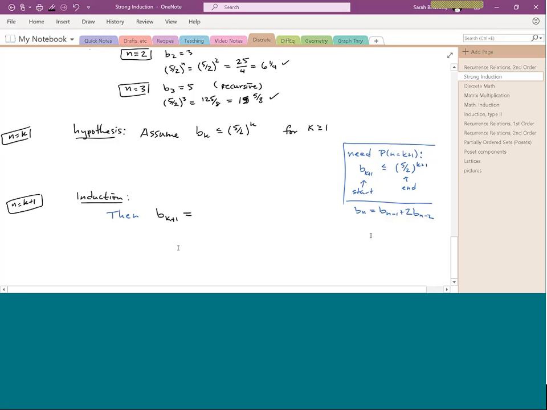So if n equals k plus 1, what do we know about this? Well, we know that if n equals k plus 1, we'll get b, and what subscript should these two b's have? The first one should have what subscript? You guys tell me.